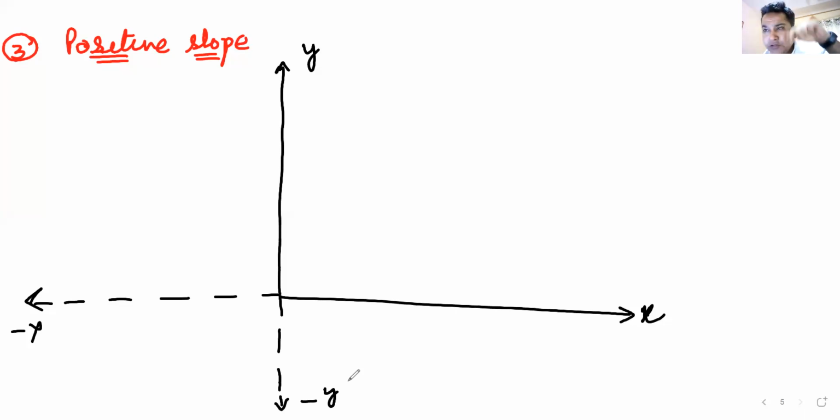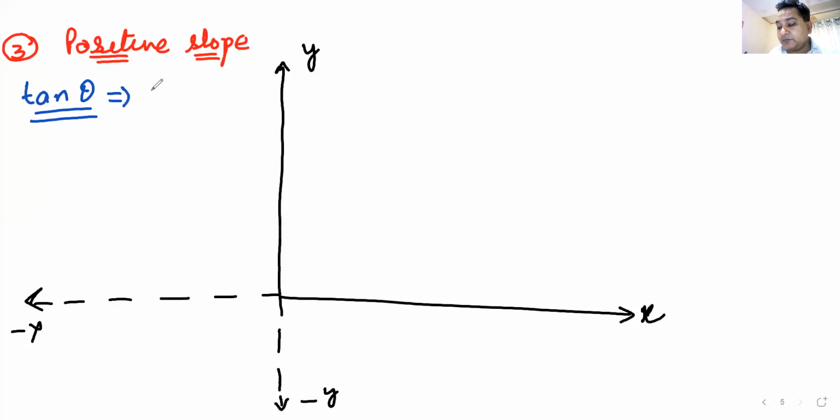Okay. Now see this, and you will find it very fascinating and interesting. Third also. Yeah, Santosh, third also. When you're talking about a straight line, you're talking about a slope. We're talking about tan theta. Now this tan theta is positive in two quadrants.